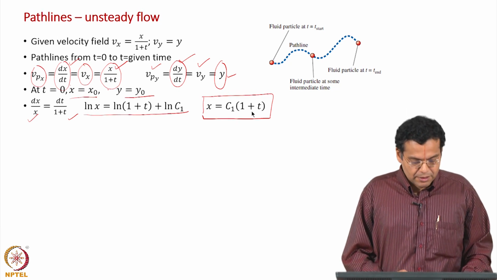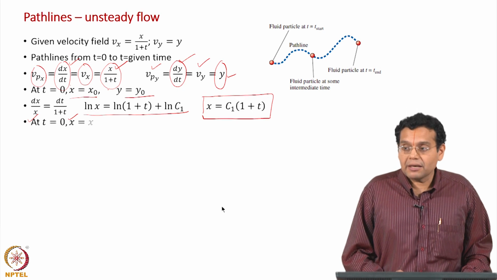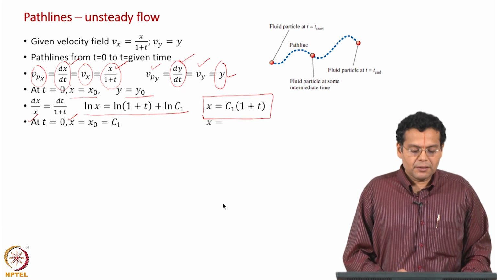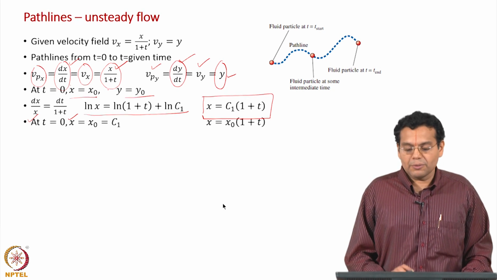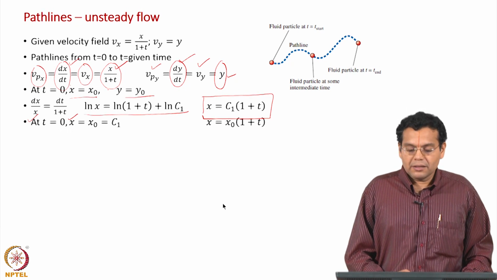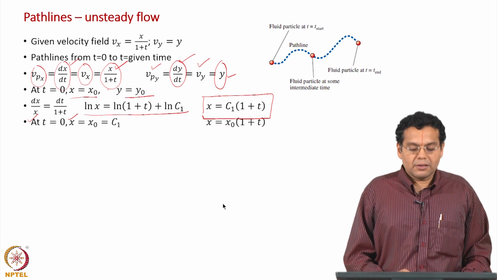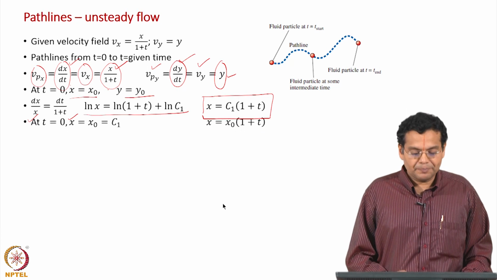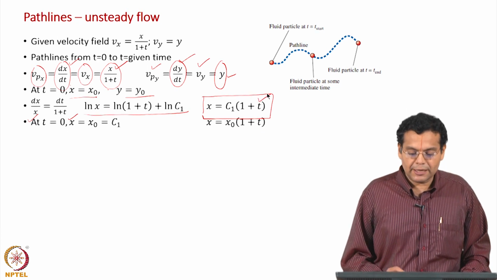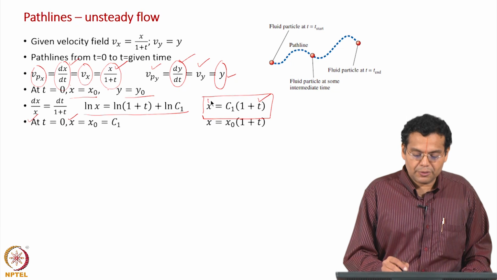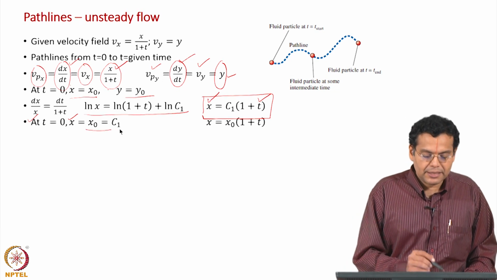Now, we will have to evaluate the constant c1. What is it that we know about the particle? We know that the particle x coordinate is x naught at t equal to 0. So, substitute t equal to 0 here, x will be equal to x naught. So, c1 becomes x naught.